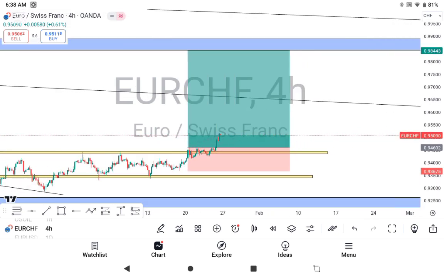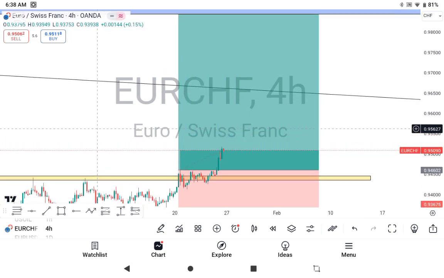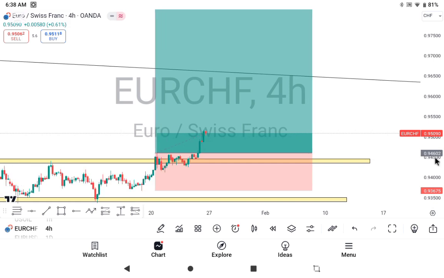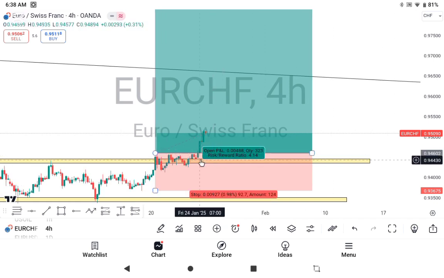Now on the four-hour time frame, I am on this trade as well. When I saw this bullish engulfing candle on the four-hour time frame, I jumped in for a buy to the upside. The reason is that I have been monitoring the market and calling EURCHF to the upside, waiting for the daily candle to break and close this yellow bar properly.